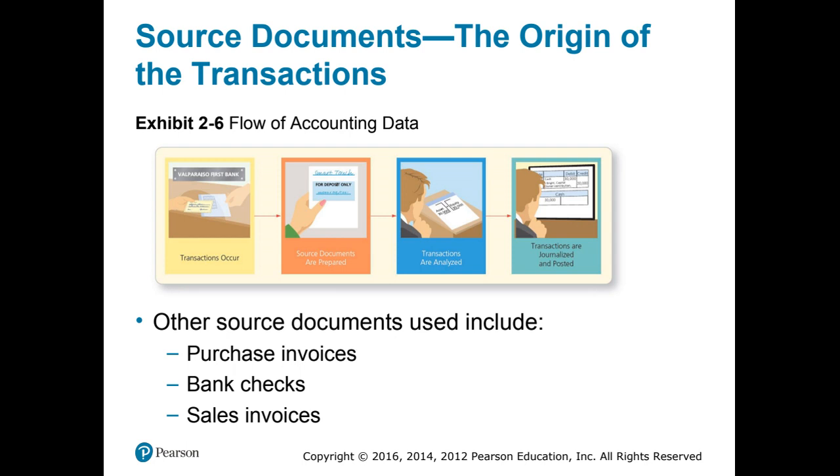Is this legit? Do we have all the proper documentation for this transaction? And then the transaction is journalized and posted onto our ledger within our accounting system, however we track our accounting data. Other source documents that can be used are purchase inventories, bank checks, sales invoices.